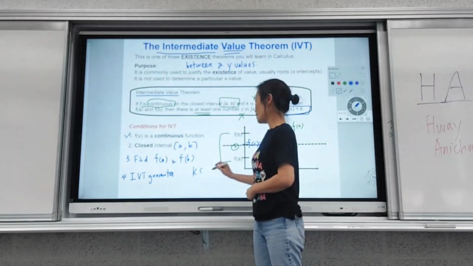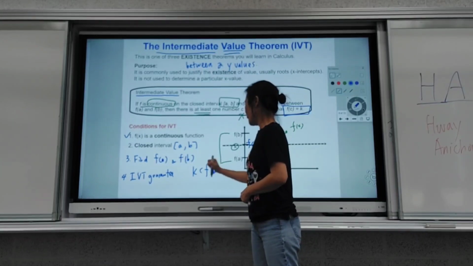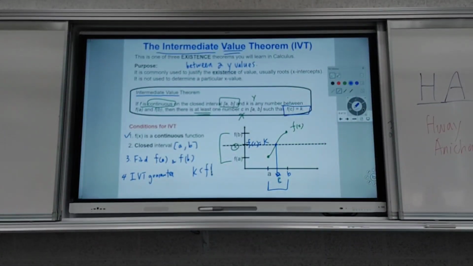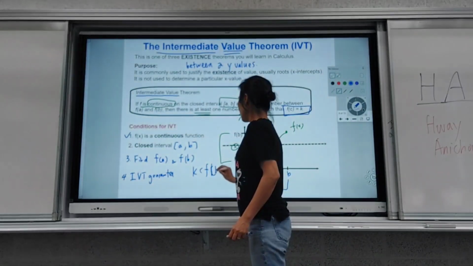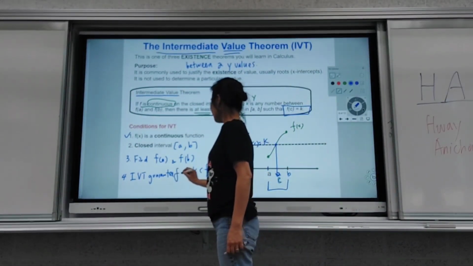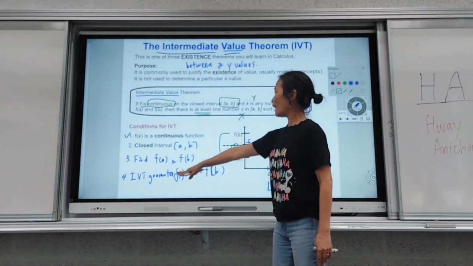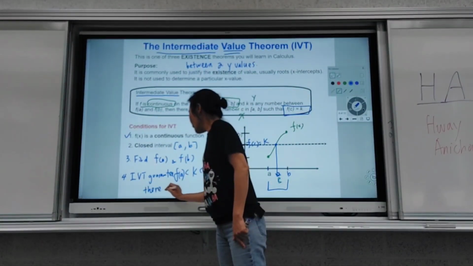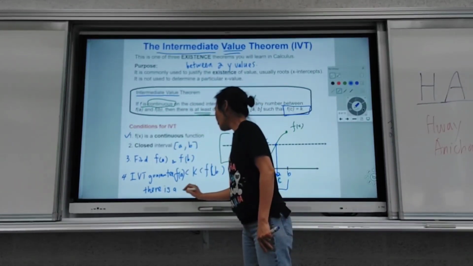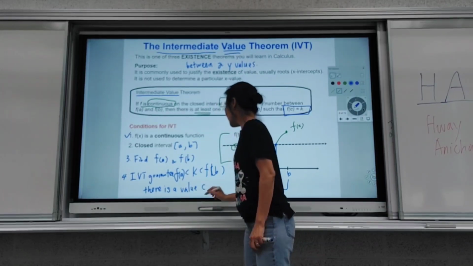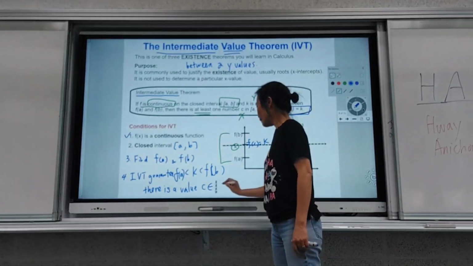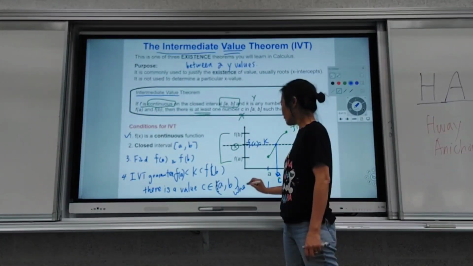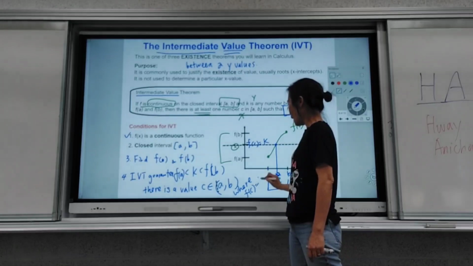It could be f of A, but right now I'm just gonna assume f of B is bigger than f of A. If k is between these two values, IVT guarantees that there will be at least a value C, and C is in [A, B], such that f of C is equal to k.